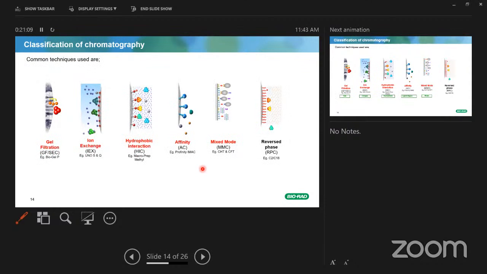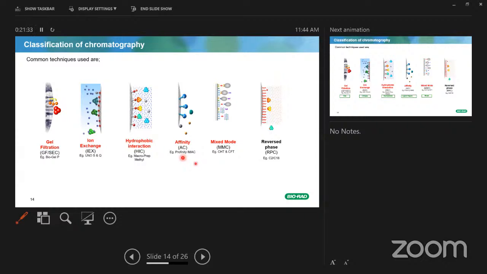If I want to classify on the basis of the mobile phase or the stationary phase, there are 5 or 6 types of resins or matrices which can be employed in liquid chromatography. It can be gel based, or size.